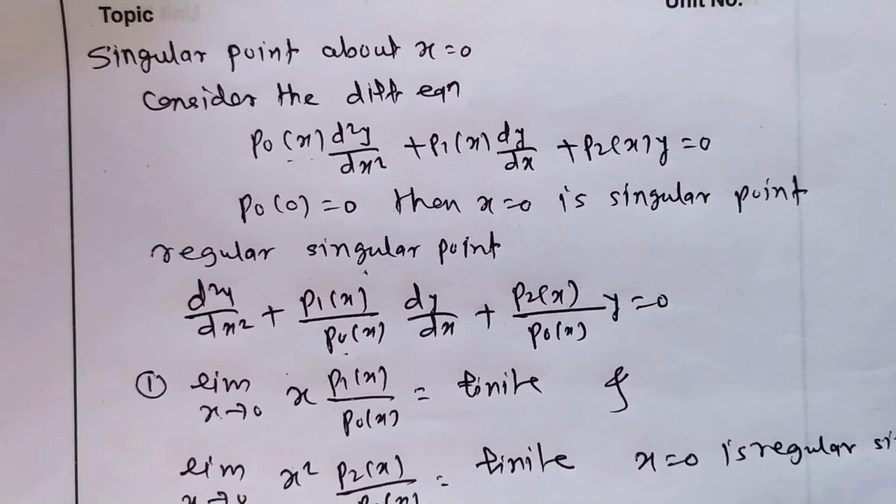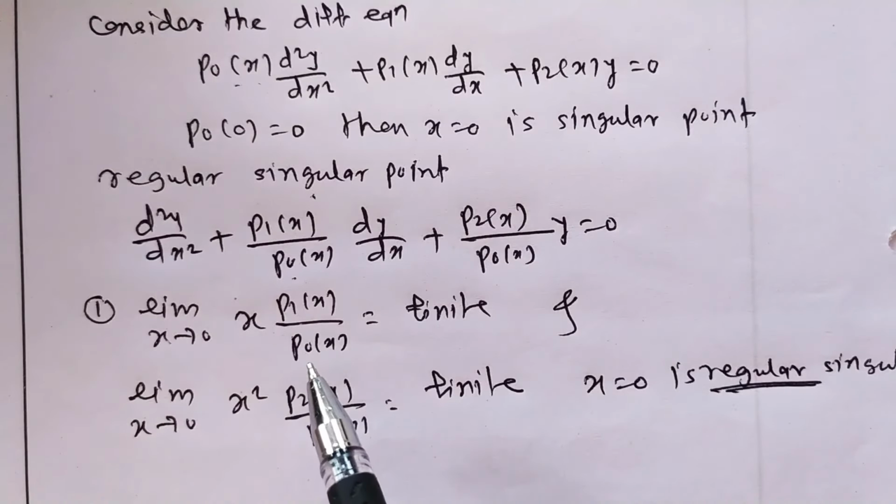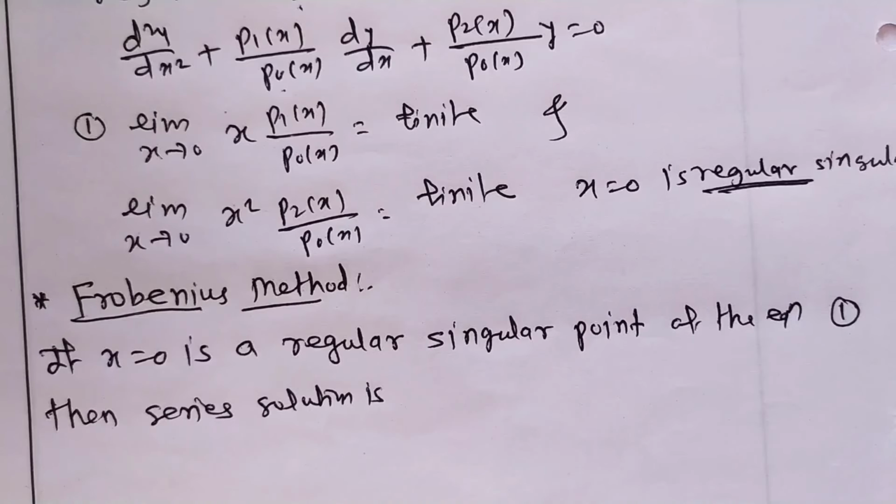And if x equal to 0 is a regular singular point, then we can find the series solution of the given linear differential equation with variable coefficient using the power series method, and for that we have to use the Frobenius method.